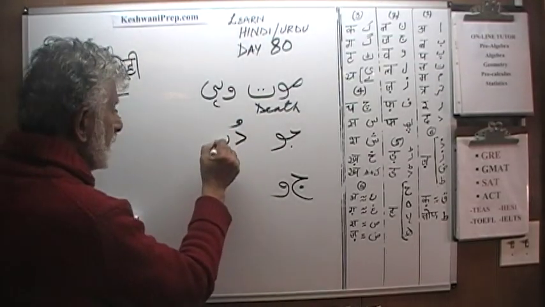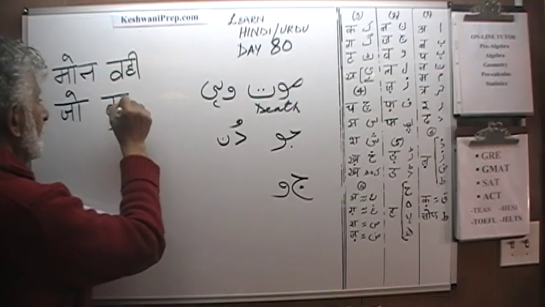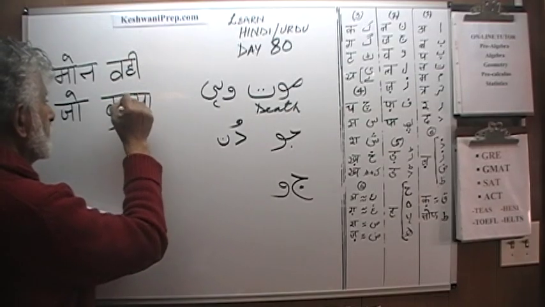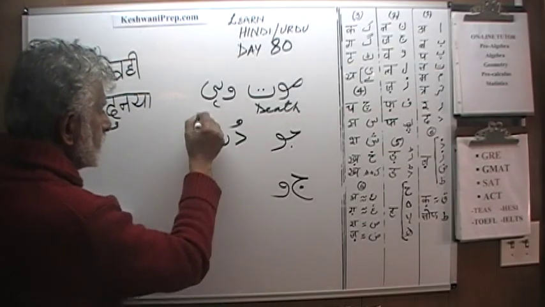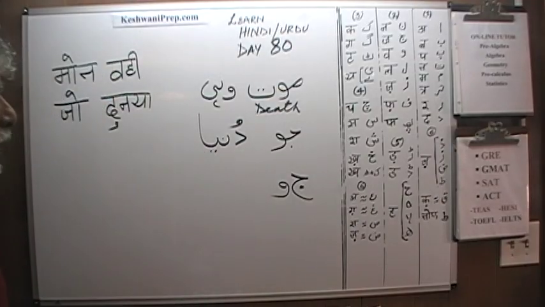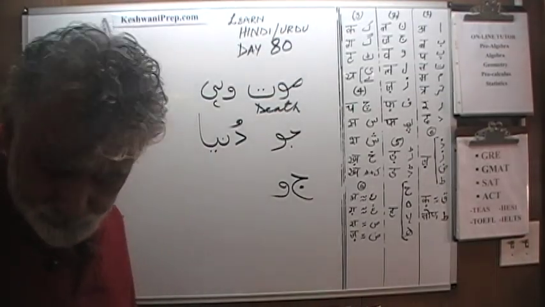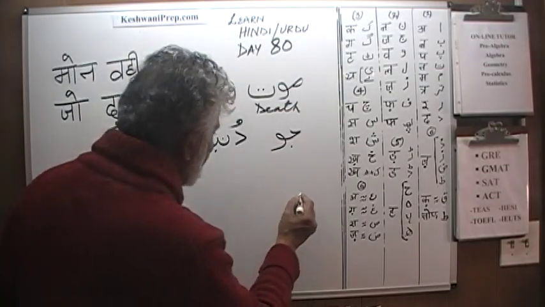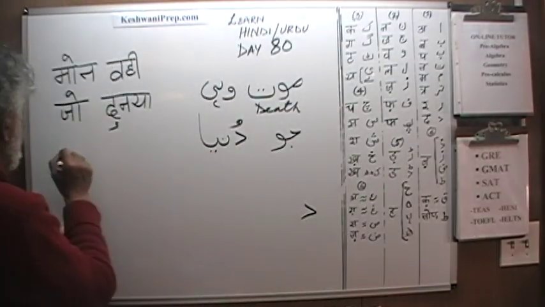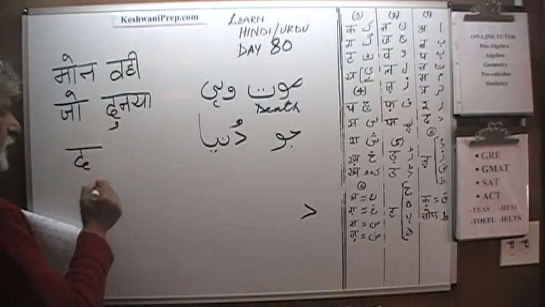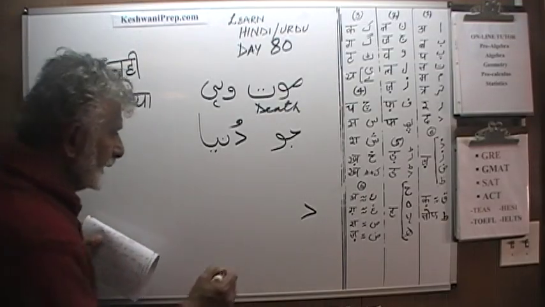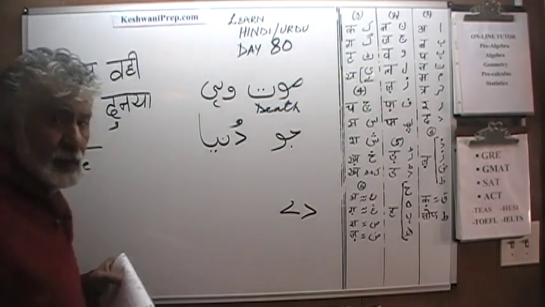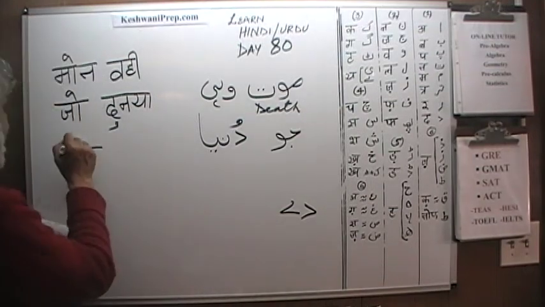And then a na. Dun. And then a ya. Maut wahi jo dunya. Dal. We don't need a da, we need a de. We need a badi hai. Badi hai is going to give us choti hai ki matra.